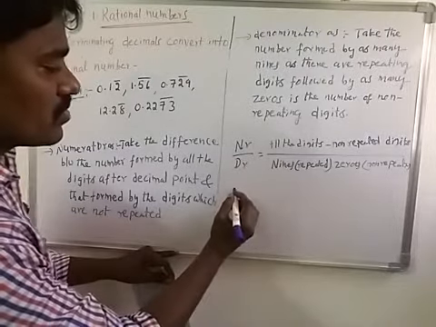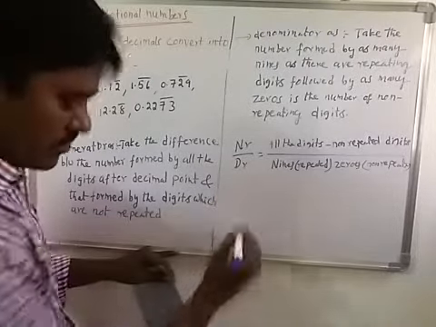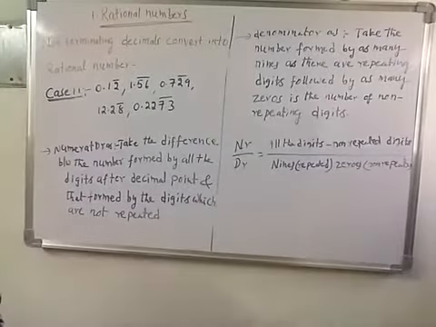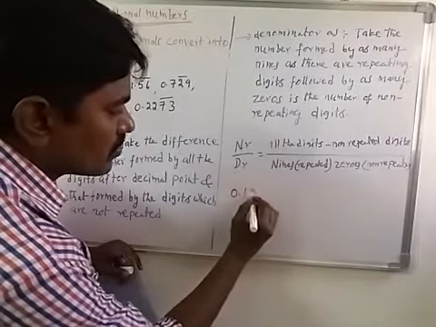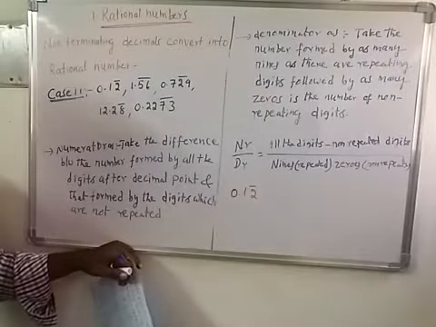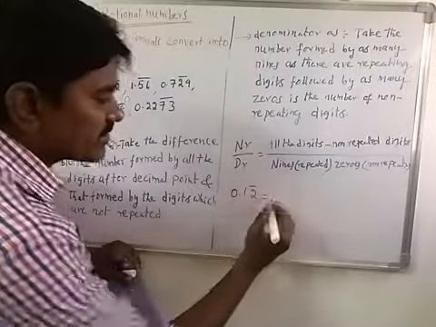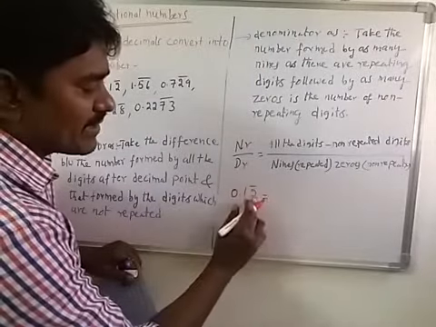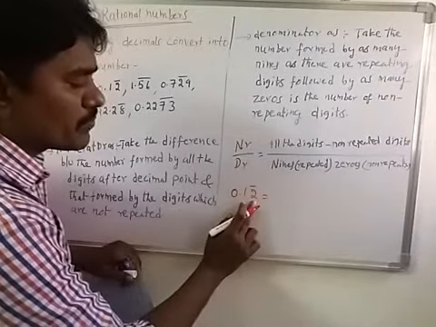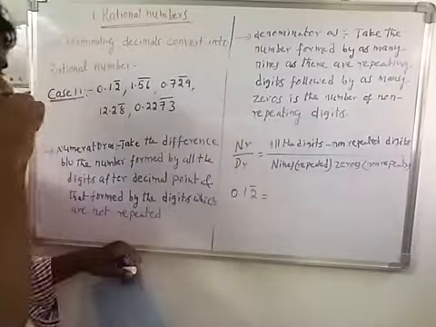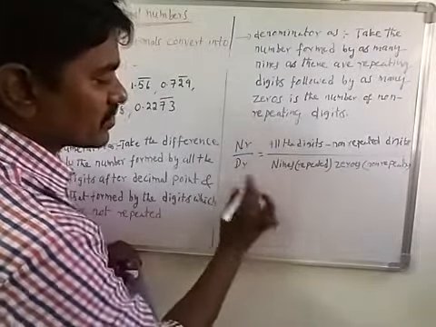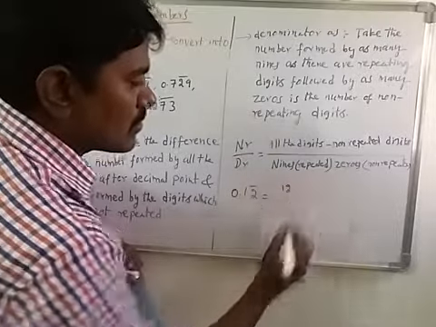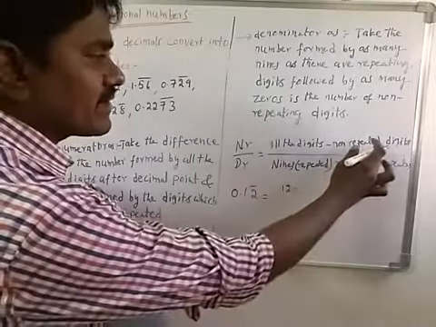So for example, 0.12 bar. Here the period is 2, periodicity is 1. First we write all the digits, that is 12, minus the non-repeated digits.